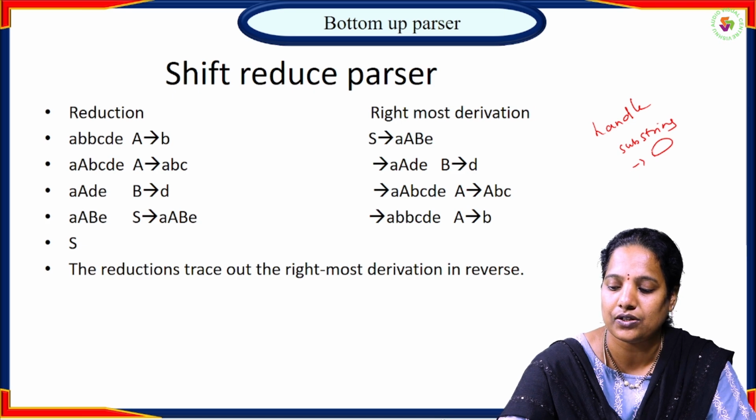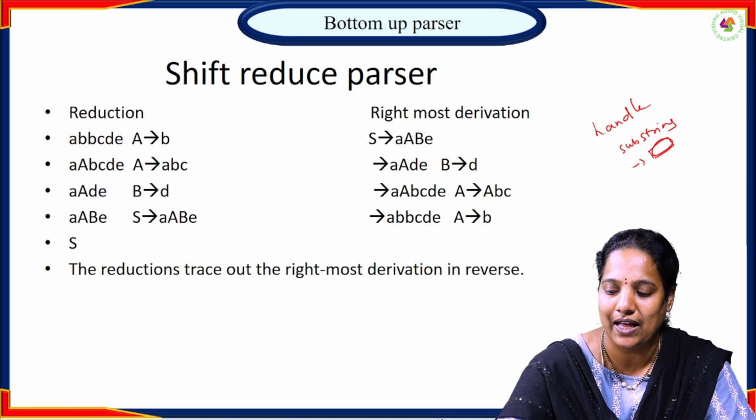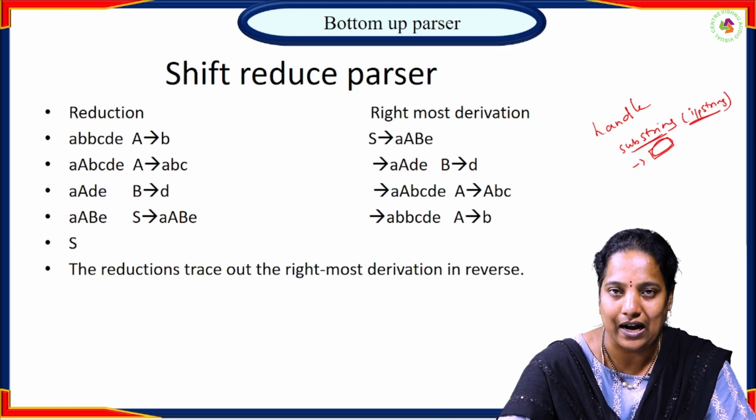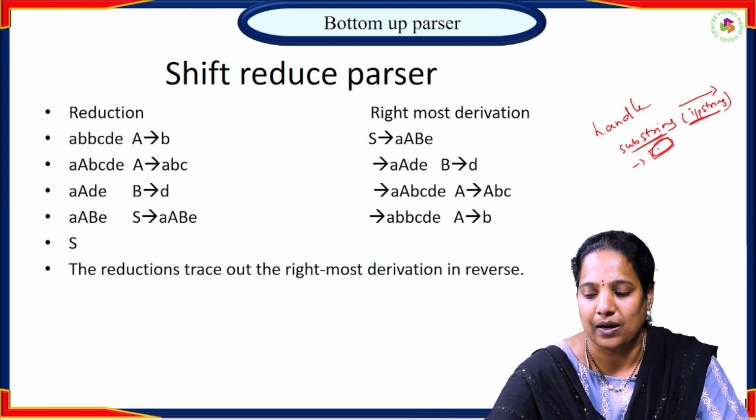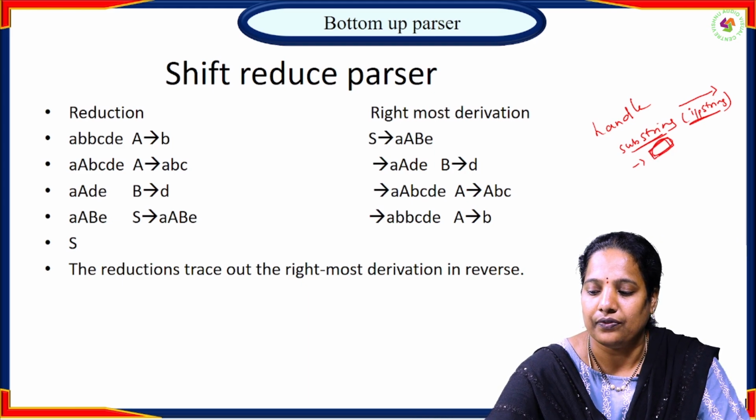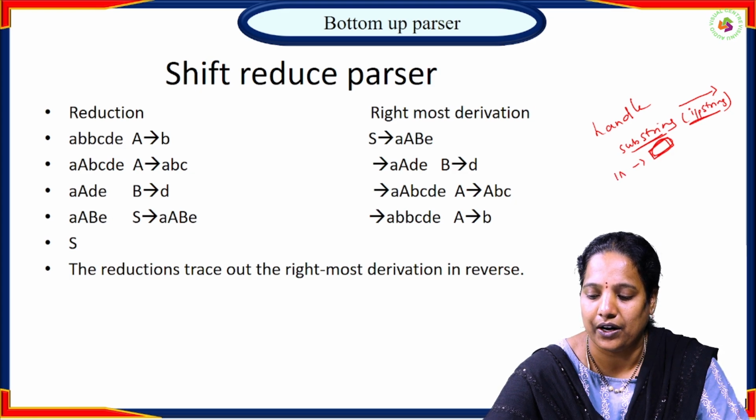From the set of productions, if any substring matches a substring from the input string, we take that part of the input string as the substring. We need to scan it from left hand side to the right hand side. When scanning, if the substring is matching, then for this substring we have some left hand side production.